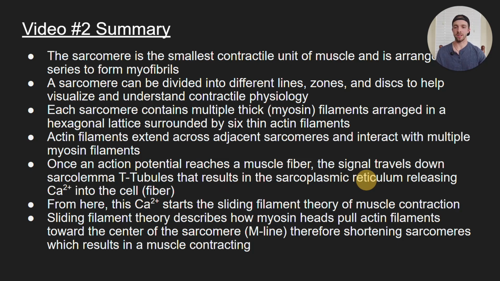And that's where sliding filament theory comes in. It describes how the myosin heads pull the actin filaments toward the center, the M line. Just remember, midline. Therefore, shortening the sarcomeres, resulting in muscle contraction.